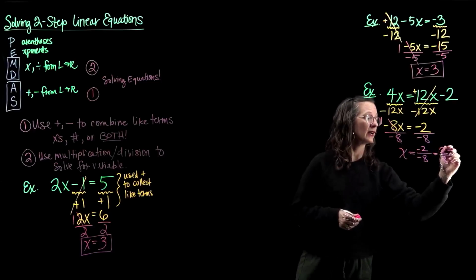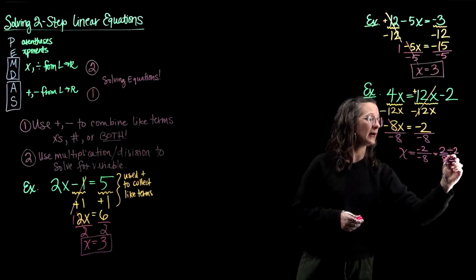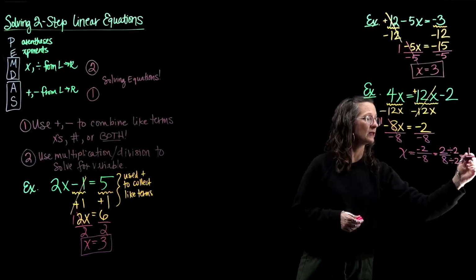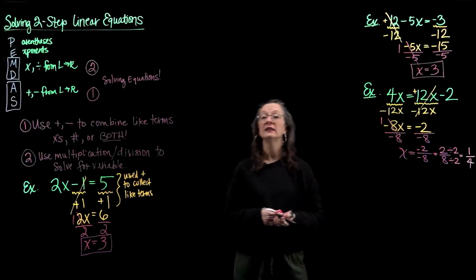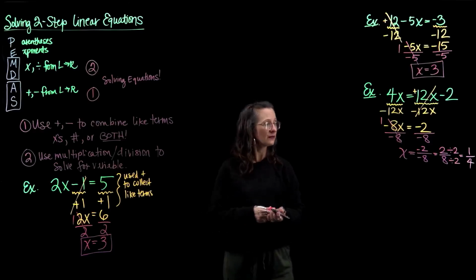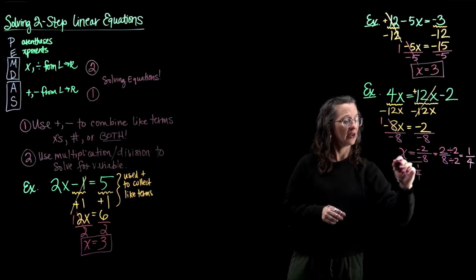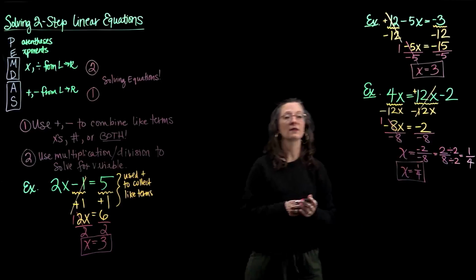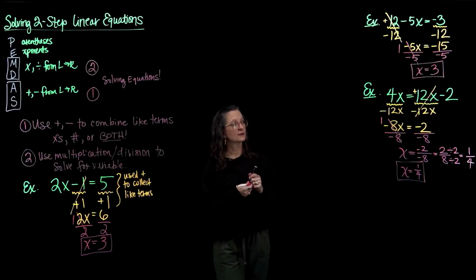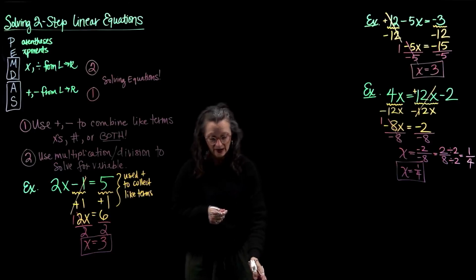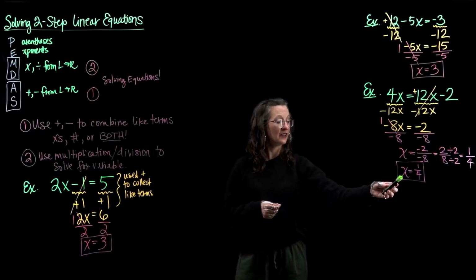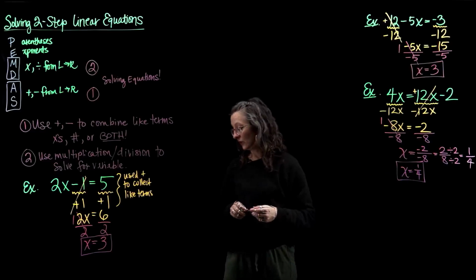So I'm going to divide the top by 2 and the bottom by 2 to reduce that fraction and get 1/4. Now, that would be my final answer, x equals 1/4. And again, we know we're done because we have our variable by itself equal to a number.